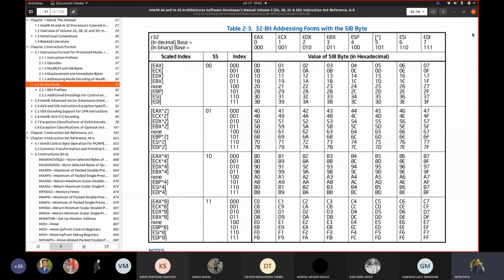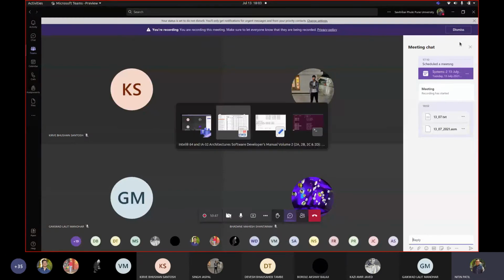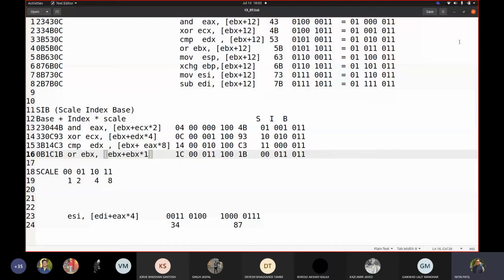This is SIB for you, and you are going to pick from the respective column entry. Either you map this whole table as a matrix, or you do the computation the way that I showed you here. You do that computation through your code and then decide what the SIB is, what the mod RM is, and so on.